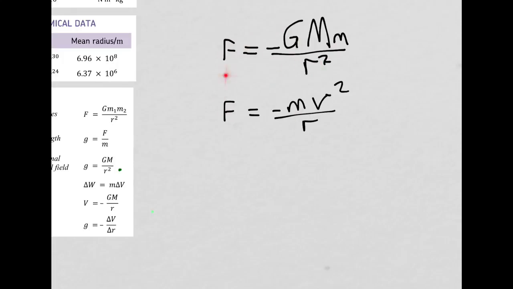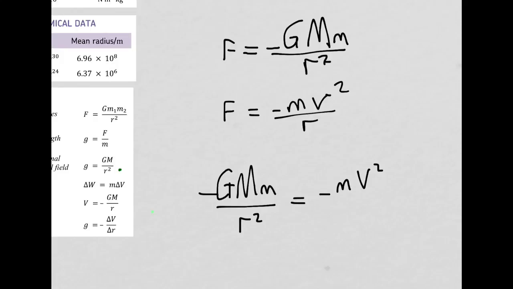These two must be the same, and therefore we can equate them, and we now have a new equation of minus G big M little m over R squared is equal to minus m v squared over R.